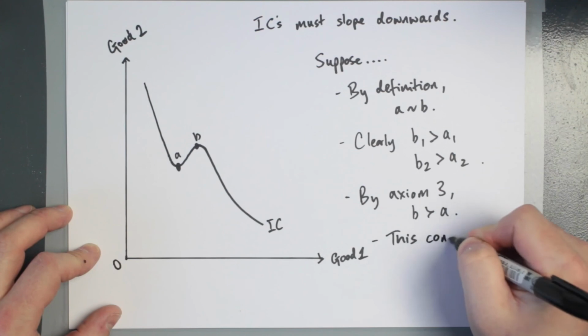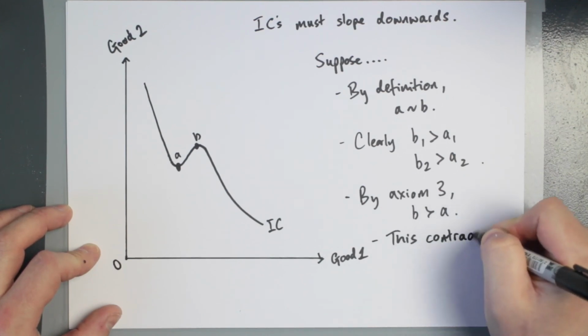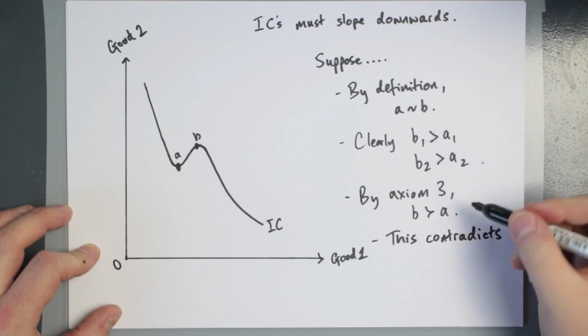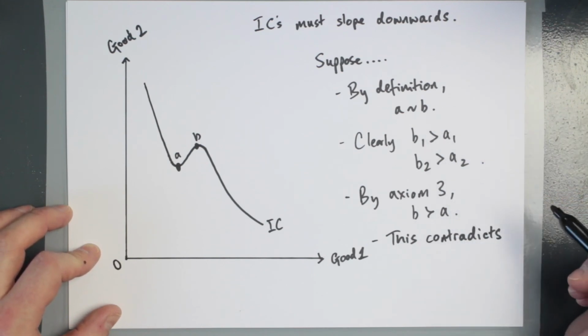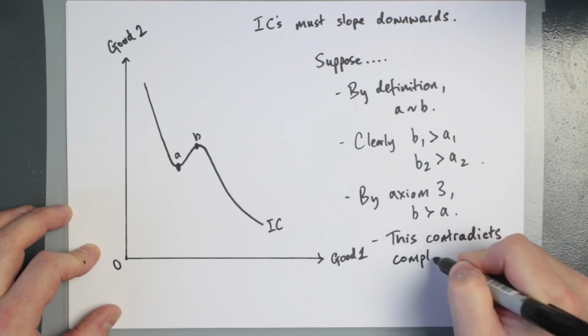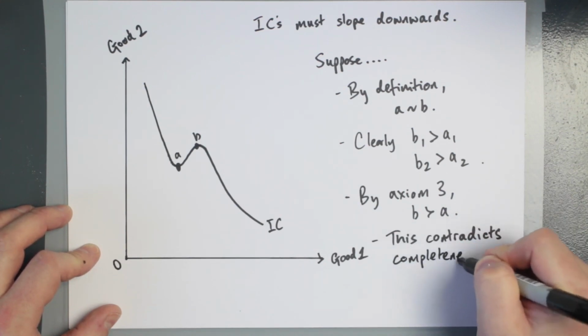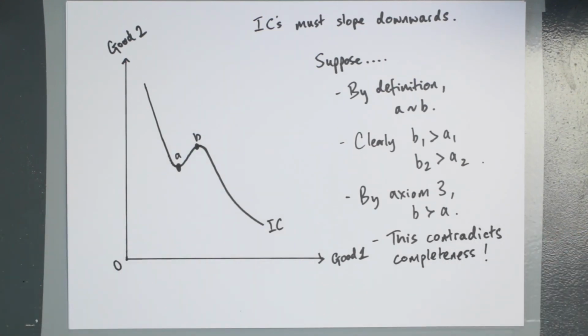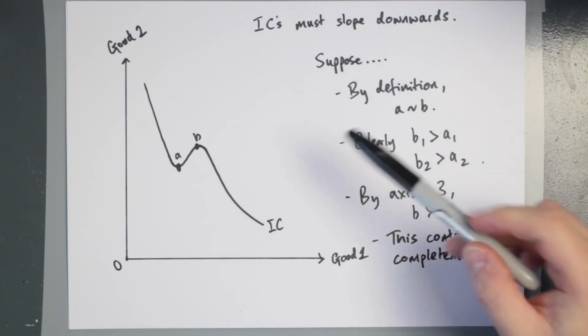So here we have a contradiction by finding that the consumer is both indifferent between A and B and also strictly prefers B to A. This contradicts completeness. Exclamation mark, because it's a contradiction. Okay, so that's why indifference curves must slope downwards, and they must slope downwards everywhere.